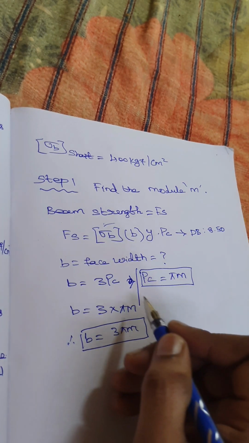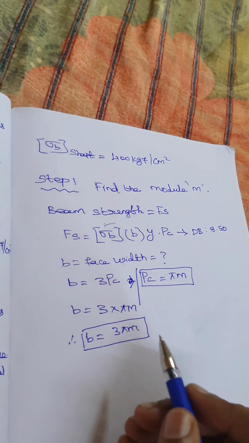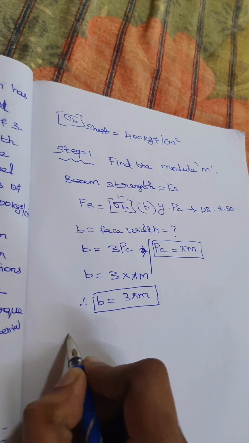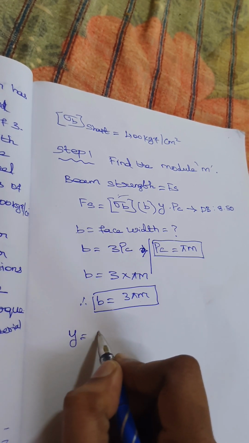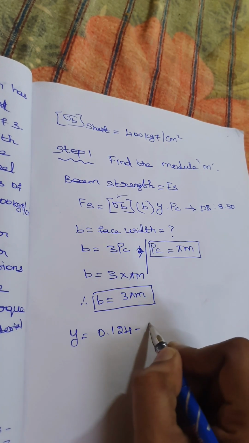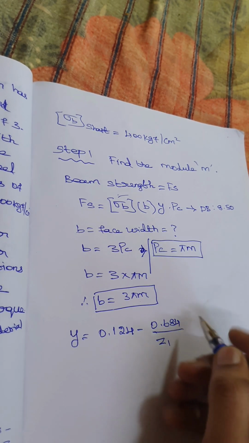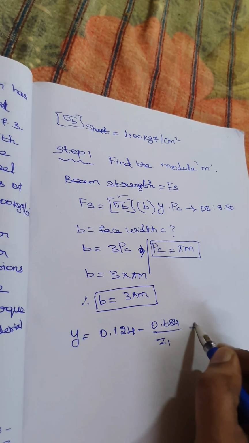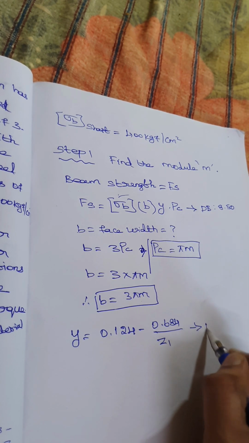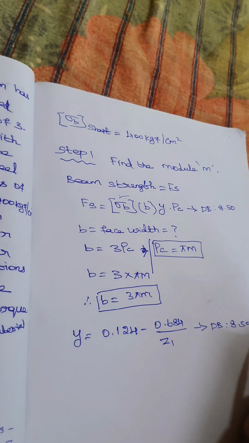Another data we have to find here is the small y. To find y, we can use the formula y is equal to 0.124 minus 0.684 divided by z1. This formula can be found in the data book page number 8.50.